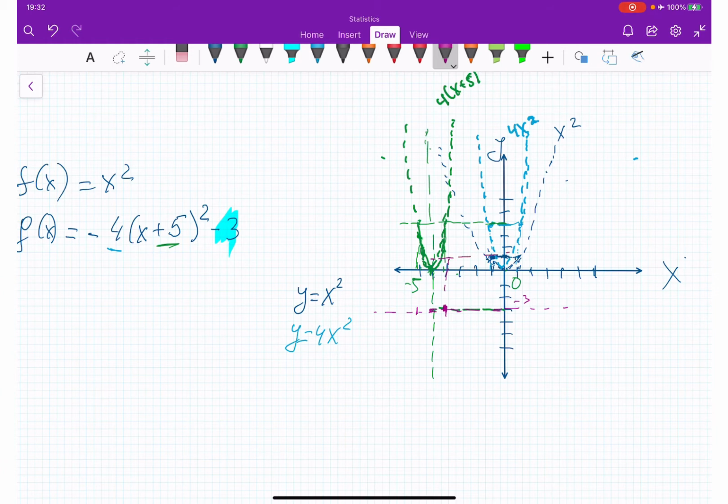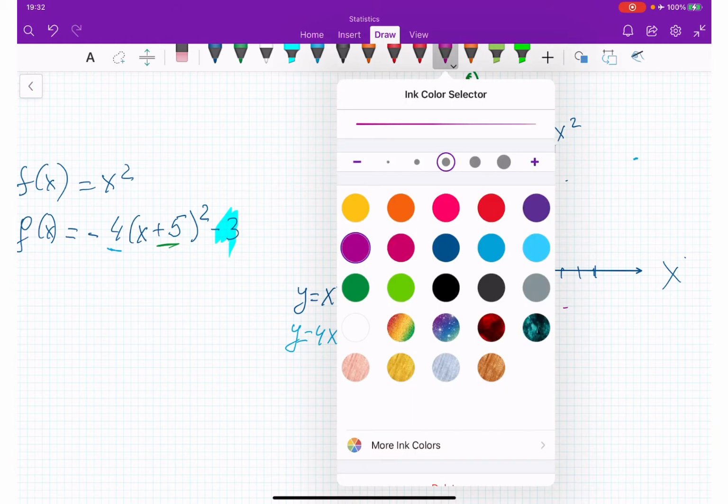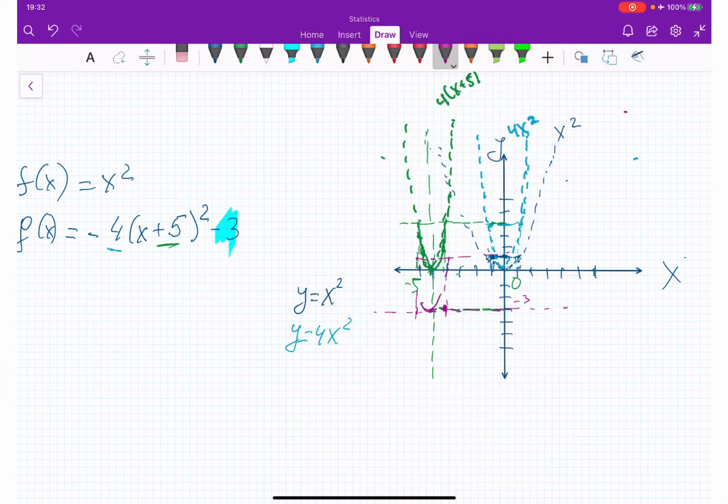Yeah, it's going to go like this. Okay, this is better.